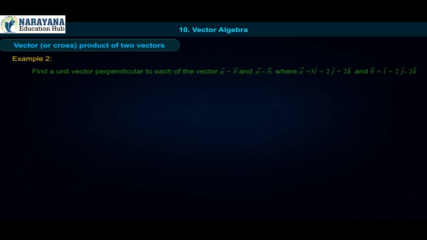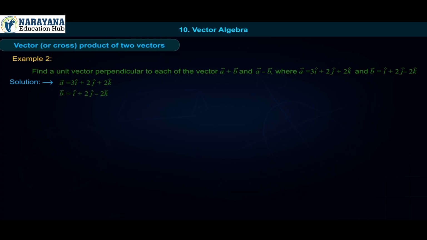Example 2. Find a unit vector perpendicular to each of the vectors A plus B and A minus B, where vector A is equal to 3i cap plus 2j cap plus 2k cap and vector B is equal to i cap plus 2j cap minus 2k cap. Solution: vector A is equal to 3i cap plus 2j cap plus 2k cap.